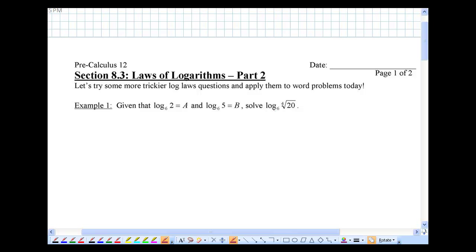These questions are a little bit different, where you're asked to rewrite a logarithm using letters or symbols, A and B in this case.